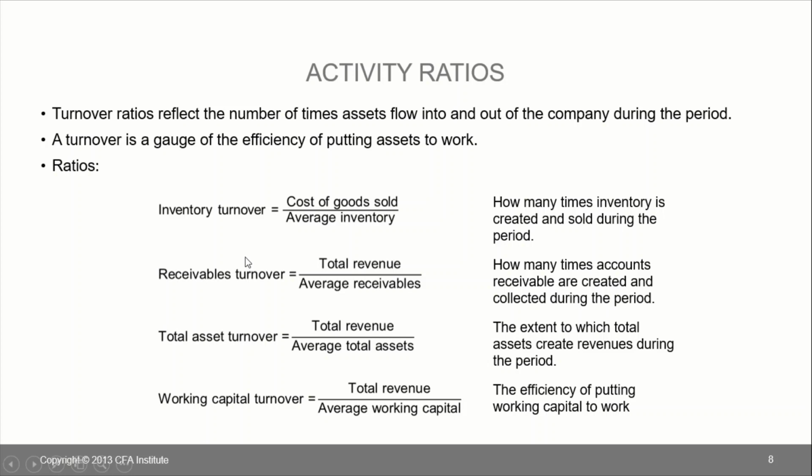So if that is 2015 and 2016, you're getting the average inventory. You simply add the inventory for the ending period of 2015 and then add the ending period of 2016 and then divide it into 2, you will get your average amount.